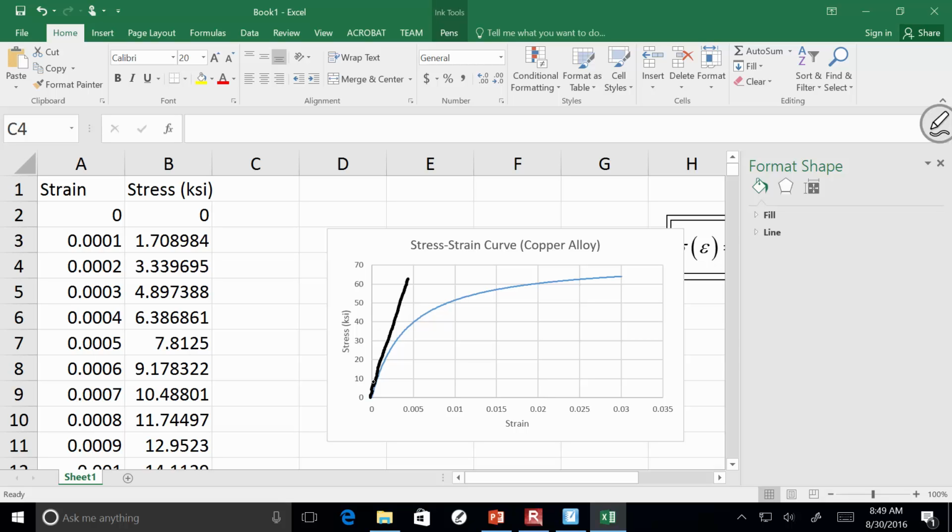So this is the slope E at epsilon equals 0. What we're going to do later is epsilon equals 0.002. That's how we're going to find that offset. We've got to find E first, and then once we have E, plug in this strain and figure out where these intersect. Sound good? Okay, all right.